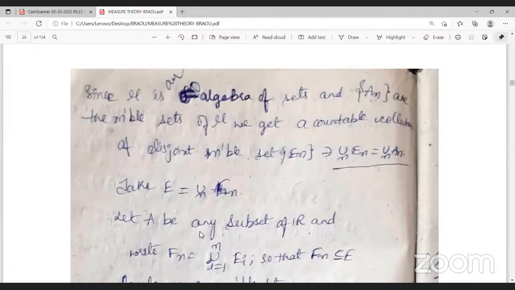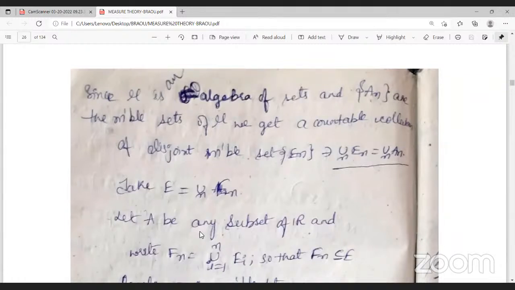Assume that capital F equals the union of i equal to 1 to n minus 1 of Ei. Capital F is a measurable set, from equation 1.